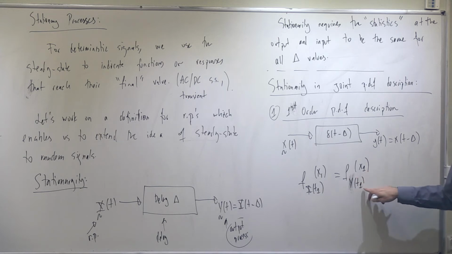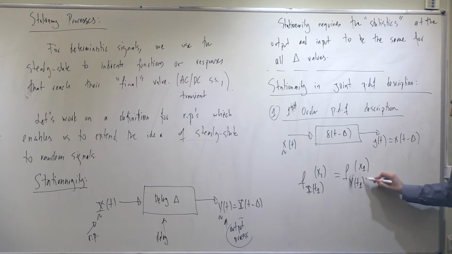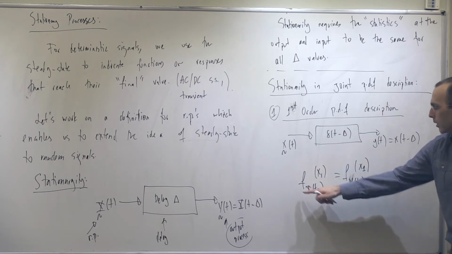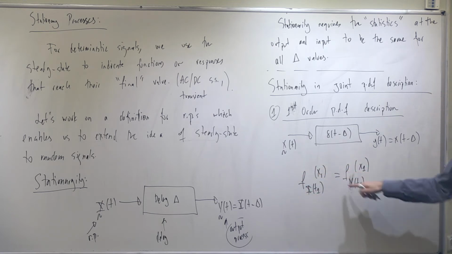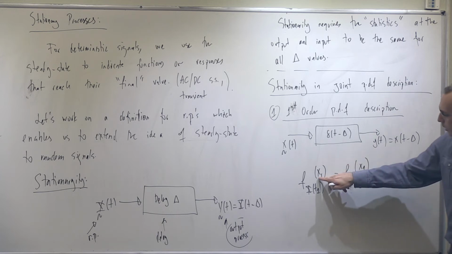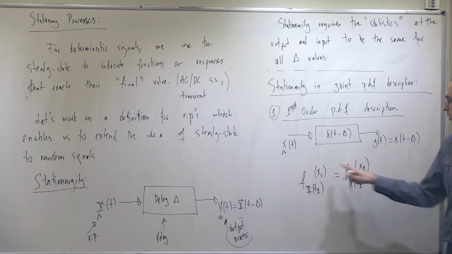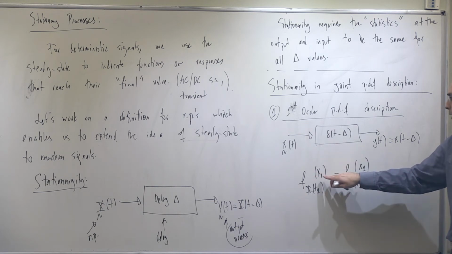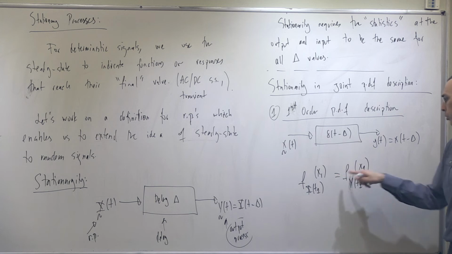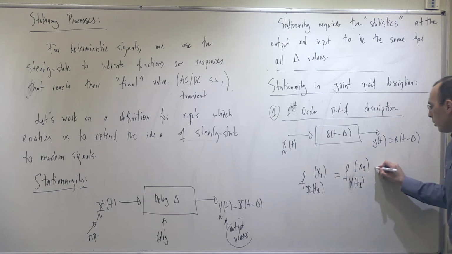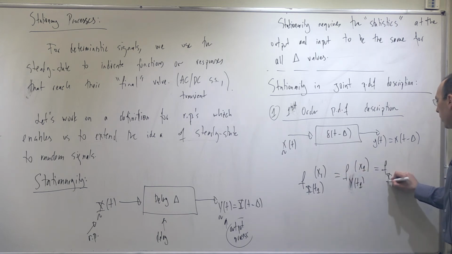This is a y random variable. So for example, if this is a Gaussian distribution, this should be a Gaussian distribution. This is the variable of that Gaussian distribution. It also says that this distribution's peak value, if it is Gaussian, the mean value, the variance, should be the same.